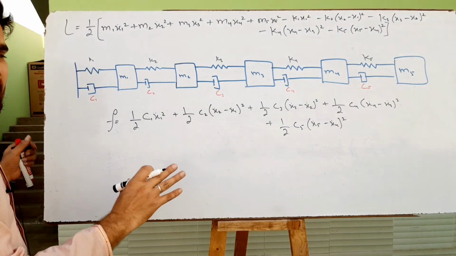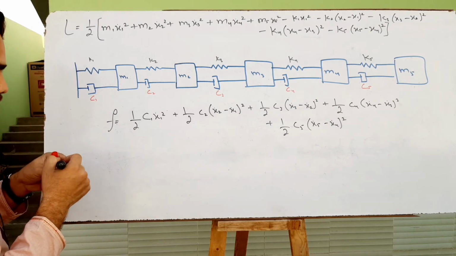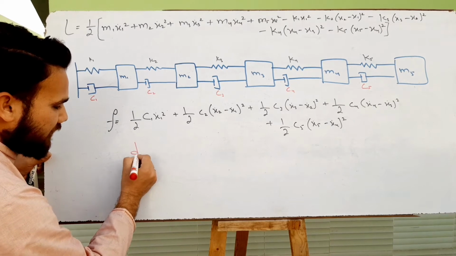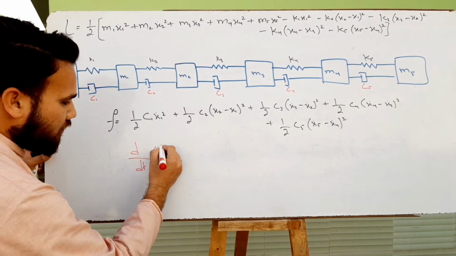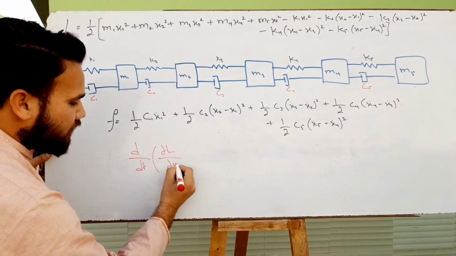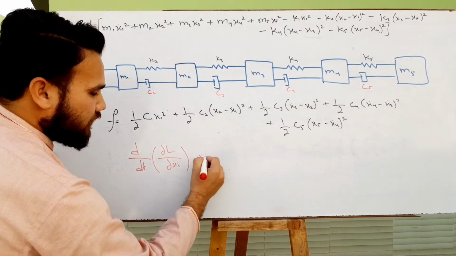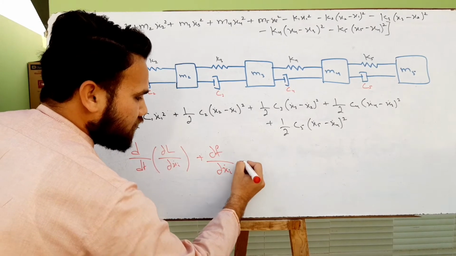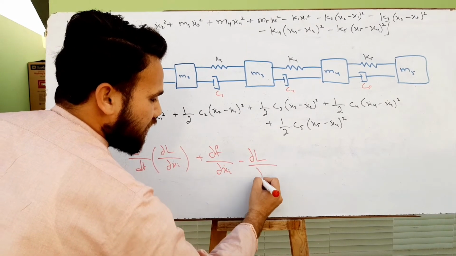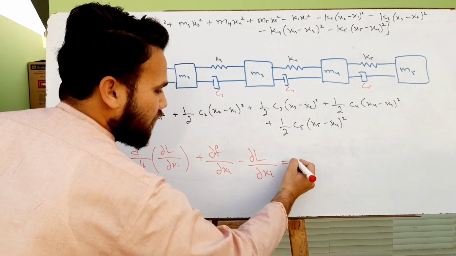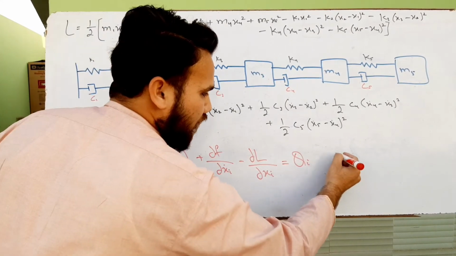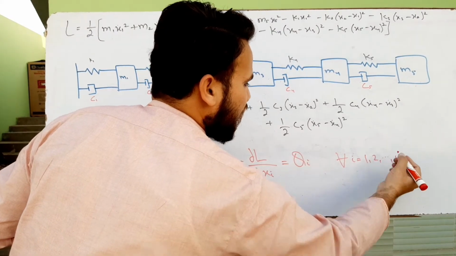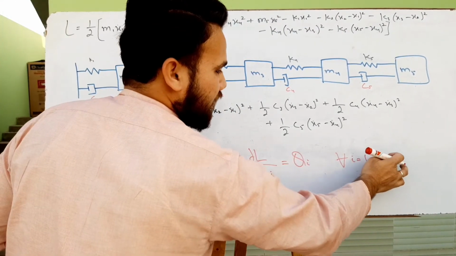Now according to Lagrange formulation, the statement for a non-conservative system is d by dt of partial L by partial x dot i, plus partial F by partial x dot i, minus partial L by partial xi, equals Qi, for all i from 1 to n.